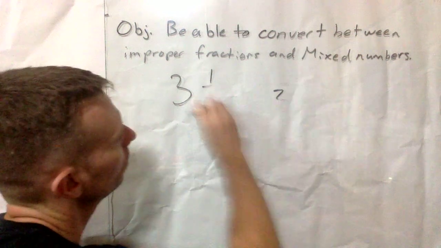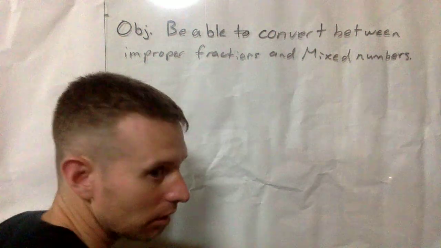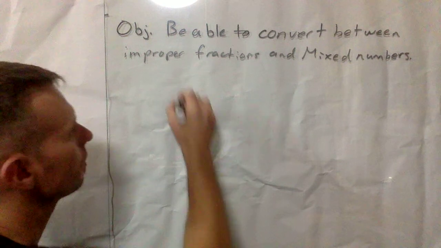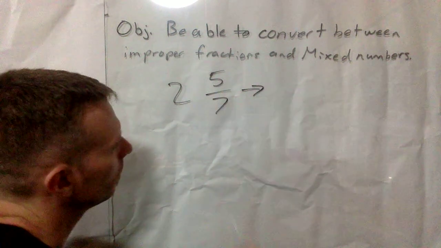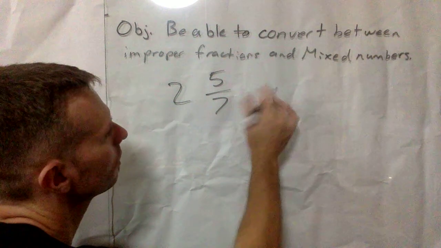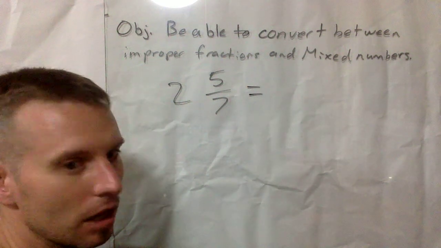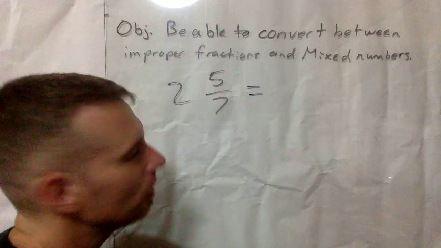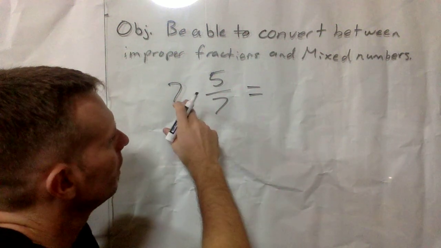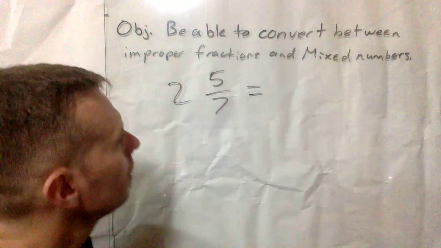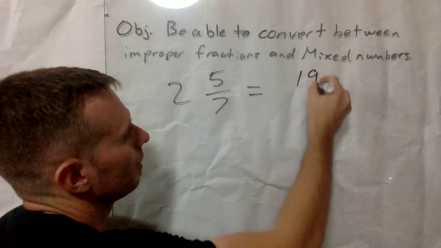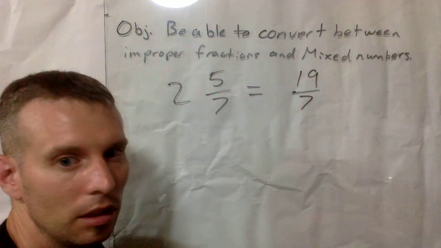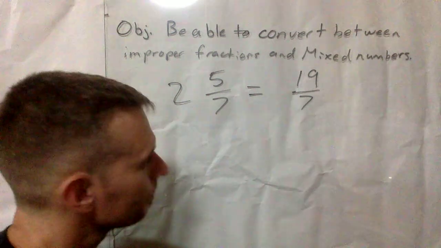Okay, let's do a little bit faster way this time. 2 and 5/7 equals how many as an improper fraction? Well, 7 times 2 is 14. 14 plus 5 is 19. 19 over 7.